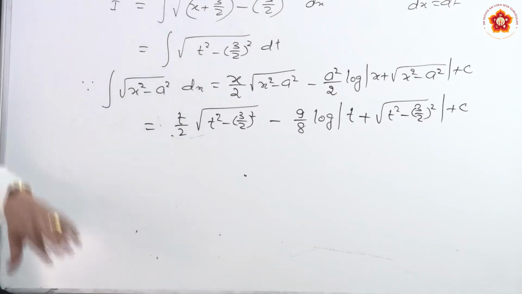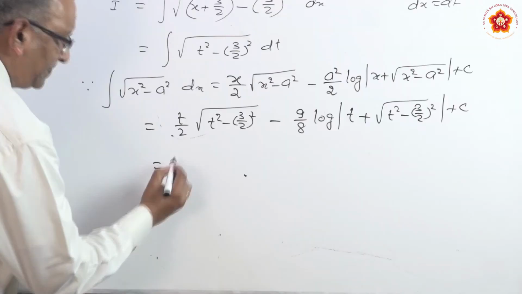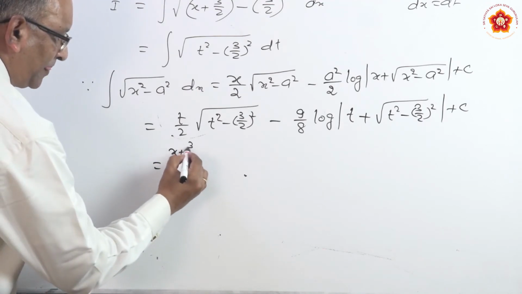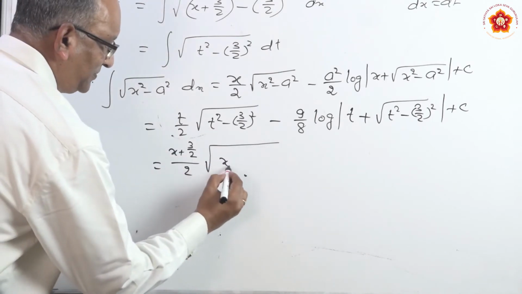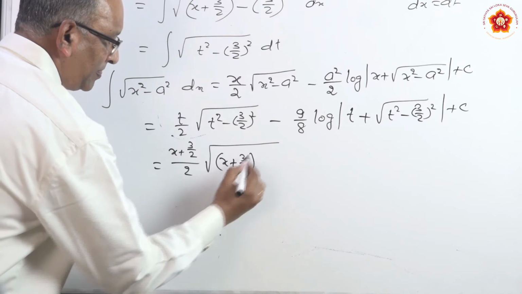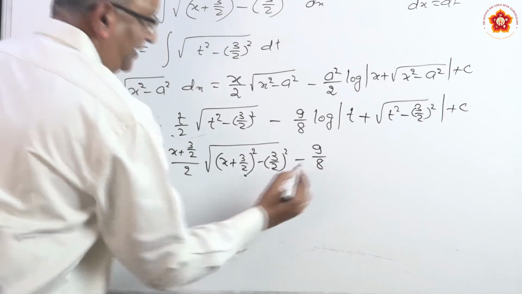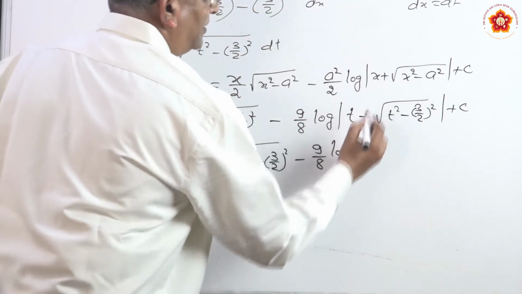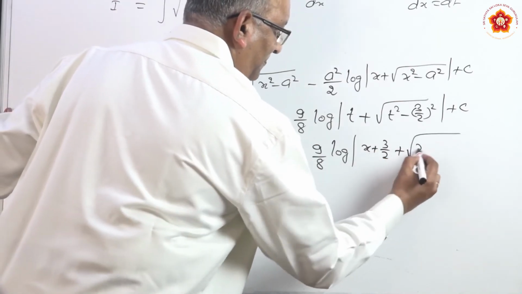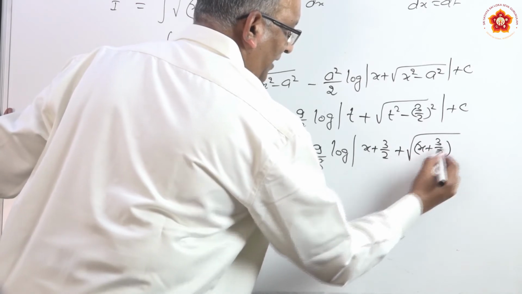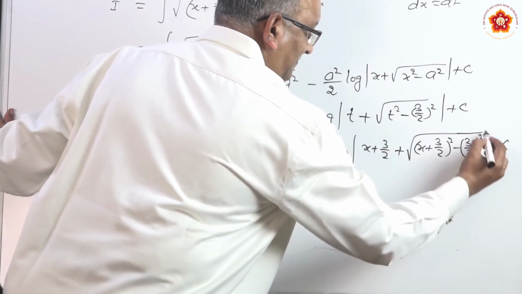So, substitute back what is t. What is t? x plus 3 by 2. So, substitute that: x plus 3 by 2 by 2 under root of x plus 3 by 2 whole square minus 3 by 2 square, minus 9 by 8 log x plus 3 by 2 plus under root of x plus 3 by 2 square minus 3 by 2 square, plus c.